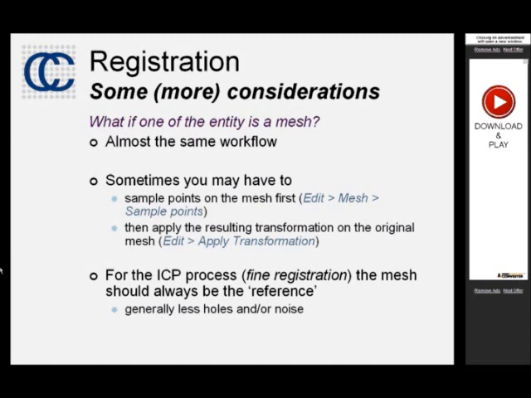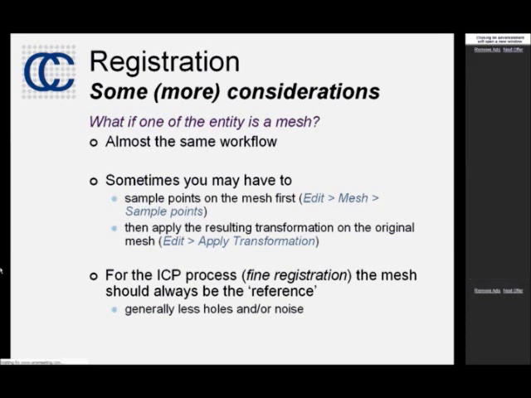And eventually, you can do almost the same thing if one of your entities is a mesh. But, and it's more general in CloudCompare, all algorithms don't accept meshes as inputs. So you generally have to sample points on one of the meshes. There's a method dedicated to that, which lets you sample as many points as you want on the mesh.